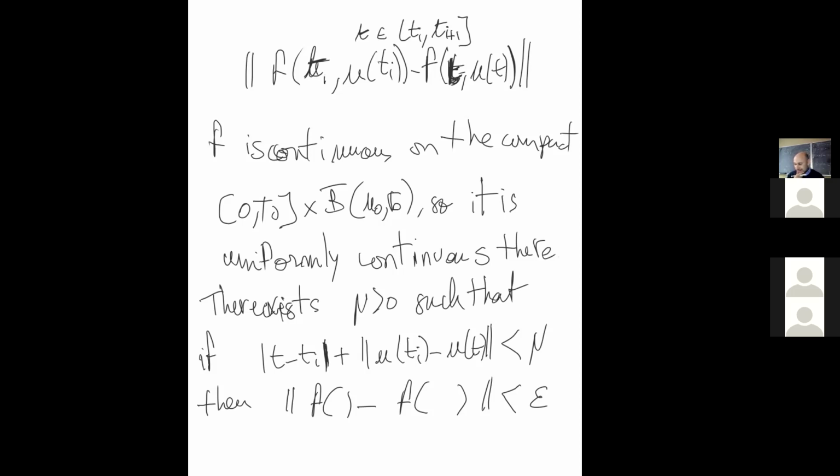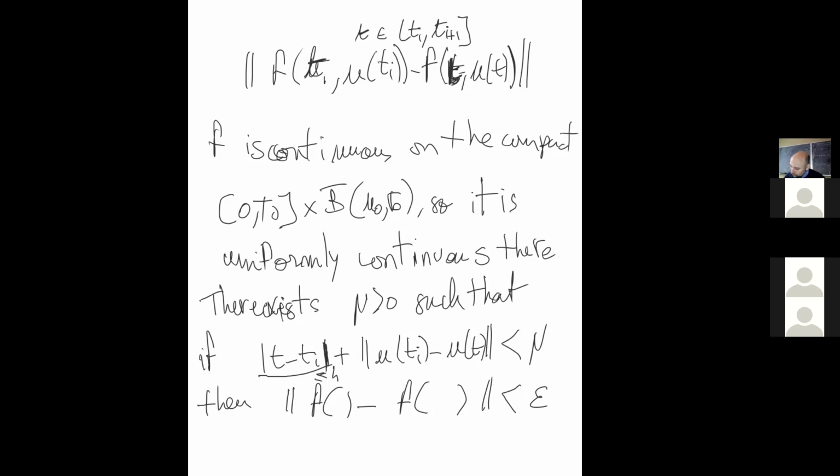Exactly, but we have the first part of this. La valeur absolue de t moins ti est inférieure à h. Et l'autre norme, on doit la majorer en fonction de ce qu'on a déjà montré. Oui. So now, this is smaller than h.